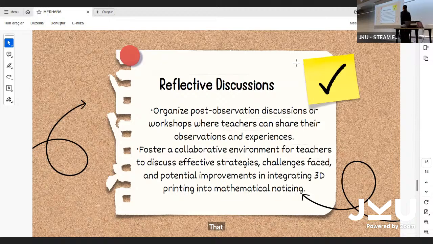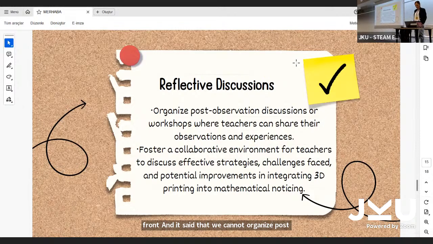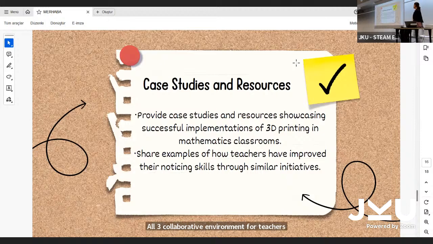And it said that we can organize post-observation discussions or workshops. Very good suggestions. Foster a collaborative environment for teachers. This one is my favorite: provide case studies and resources showcasing successful implementations of 3D printing, but I can add unsuccessful implementations too.